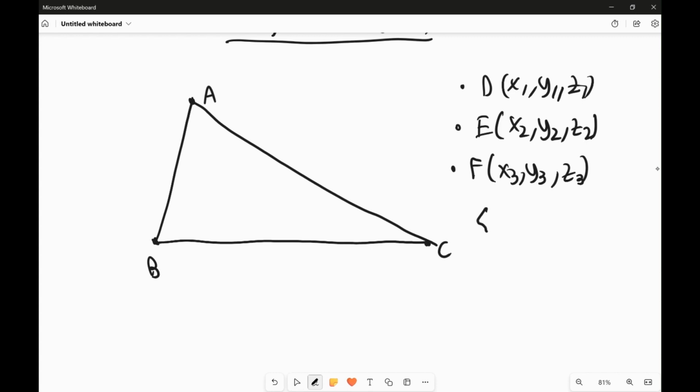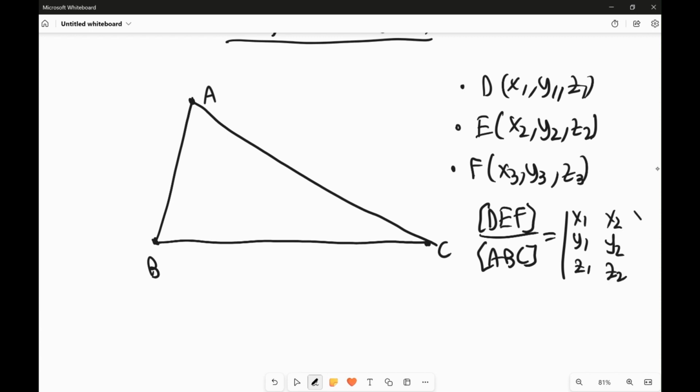Then the area of DEF over the area of ABC is equal to the determinant of the matrix with rows (x1, y1, z1), (x2, y2, z2), and (x3, y3, z3).